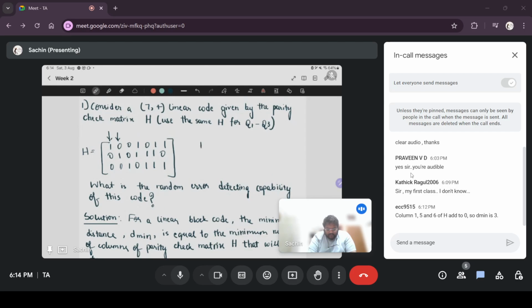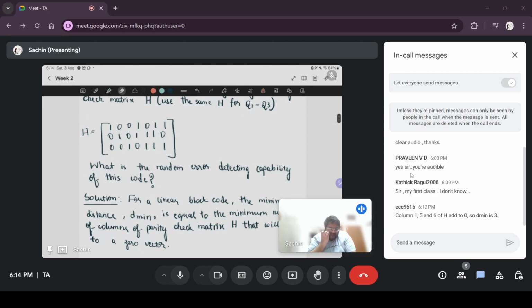The sum of those two columns will be 1 1 0. If you add that to the fourth column, which is also 1 1 0, you will get 0 0 0. So by adding three columns, you can get the 0 vector, and that's the minimum number of columns you have to add.